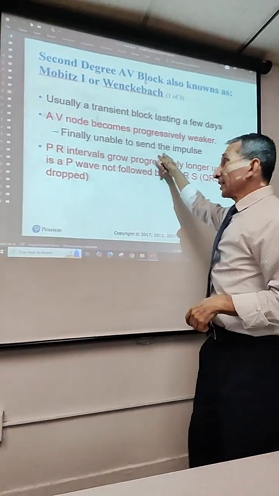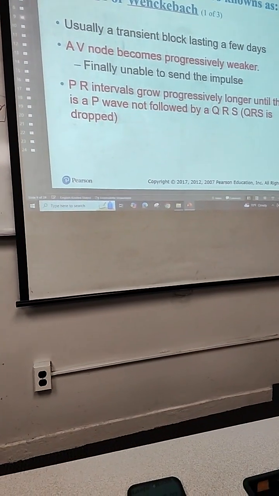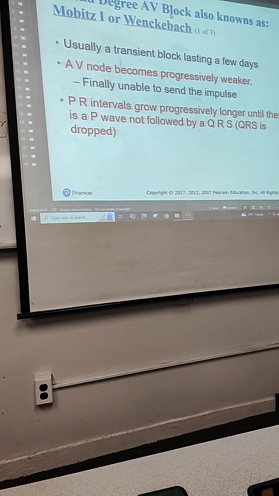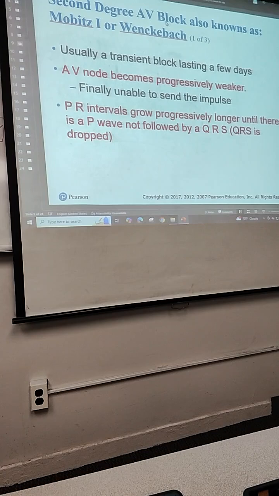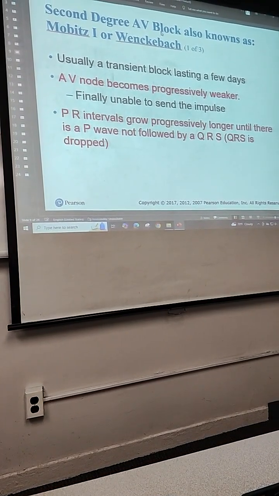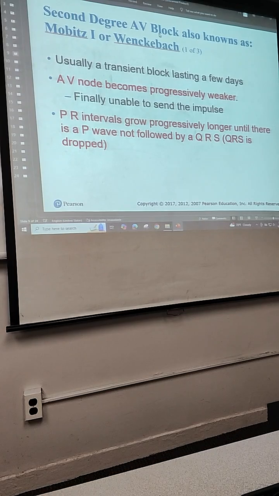Now, if you see here, it says that the PR interval starts kind of normal, but it starts progressing, increasing, prolonging, and then suddenly you have a dropped beat.